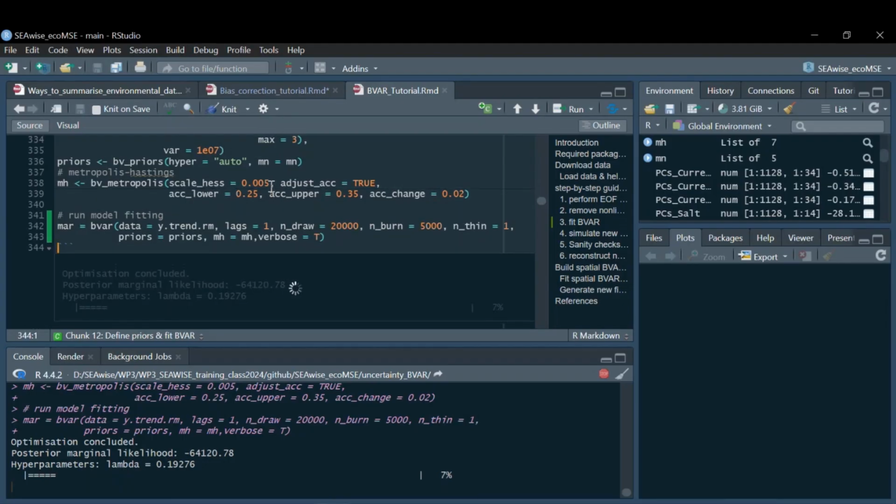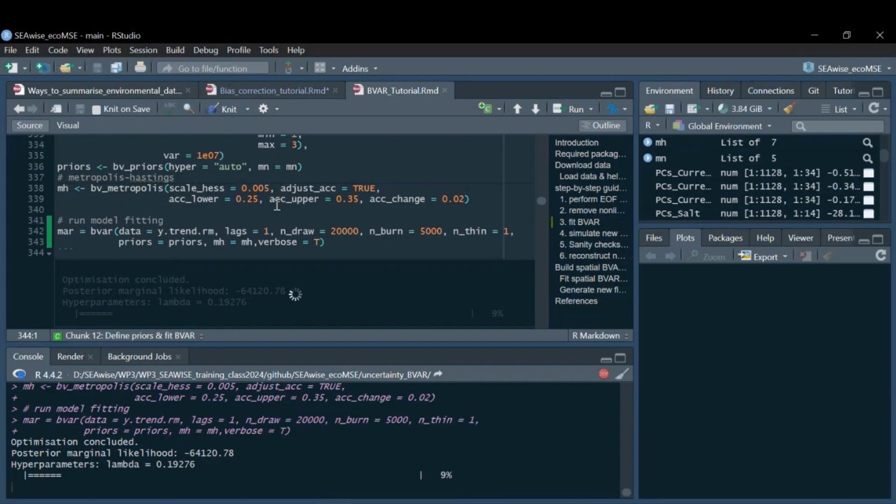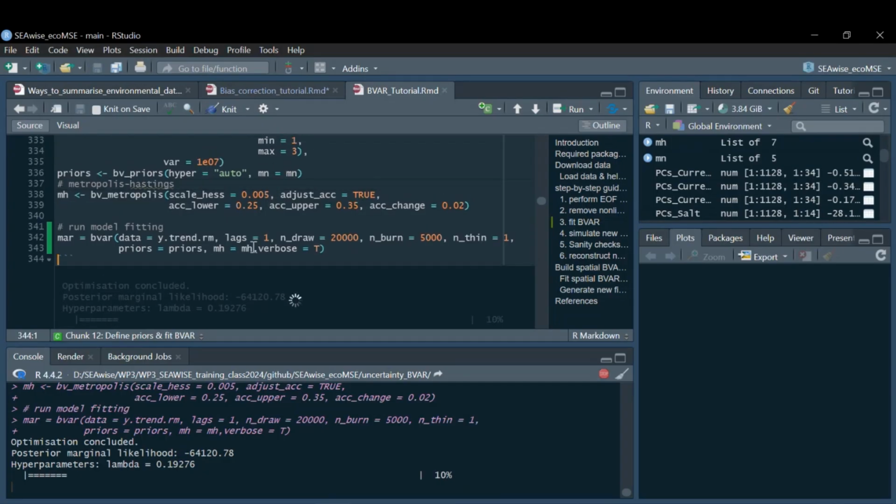When you have more PCs, more than 51 PCs, of course, it takes much longer. And here we only fit a model of lag order 1, so only lags of the last year can influence your current year.